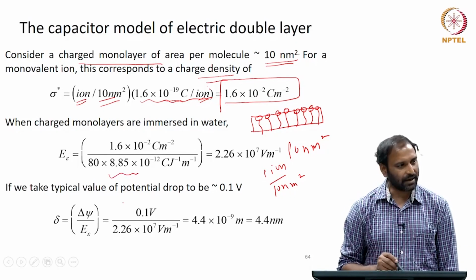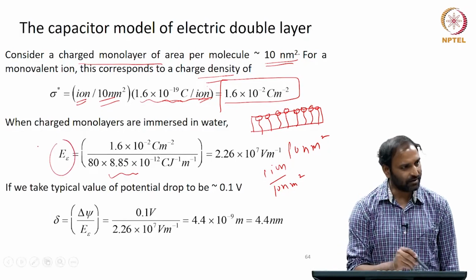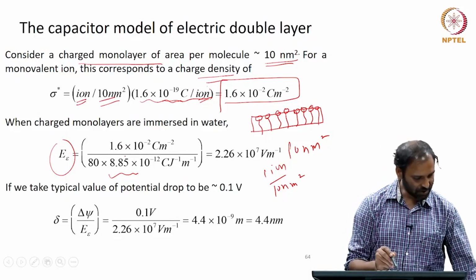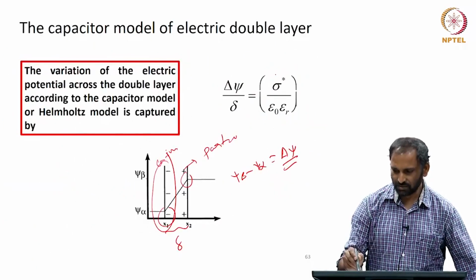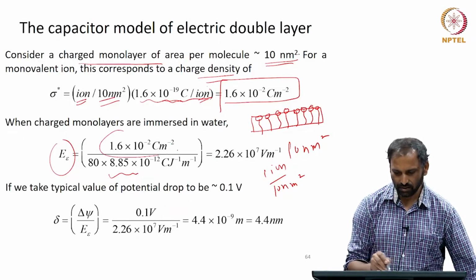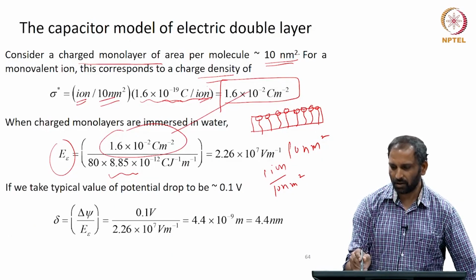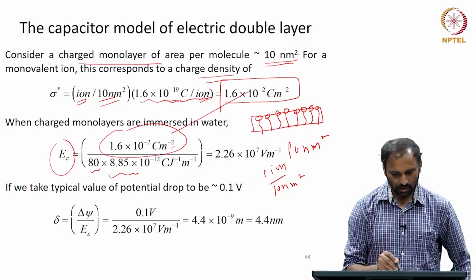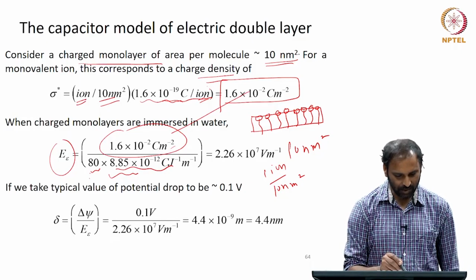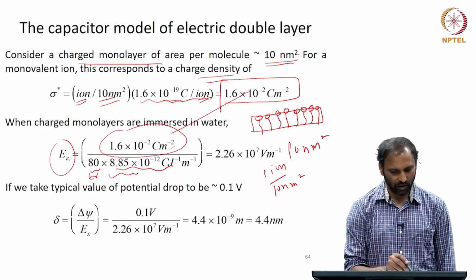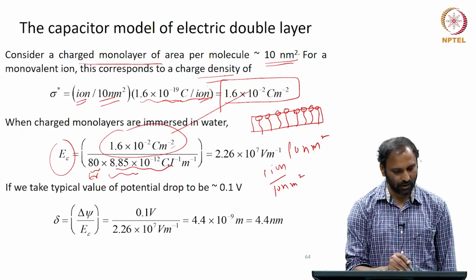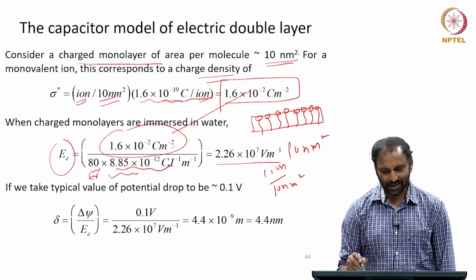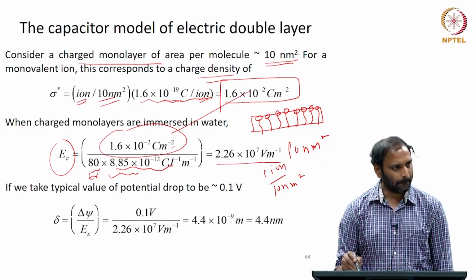And you calculate the electric field, that is sigma star over epsilon. We go back here: I plugged in sigma star, 1.6 × 10^-2 coulomb per meter square, and epsilon naught and epsilon r. Therefore, the electric field becomes 2.26 × 10^7 volts per meter.